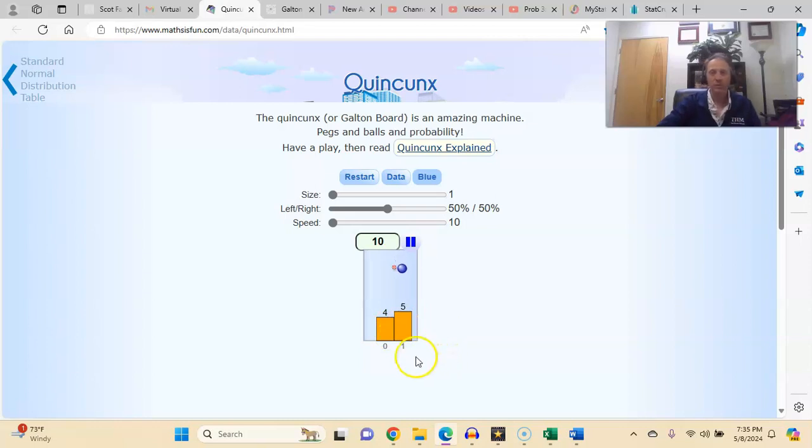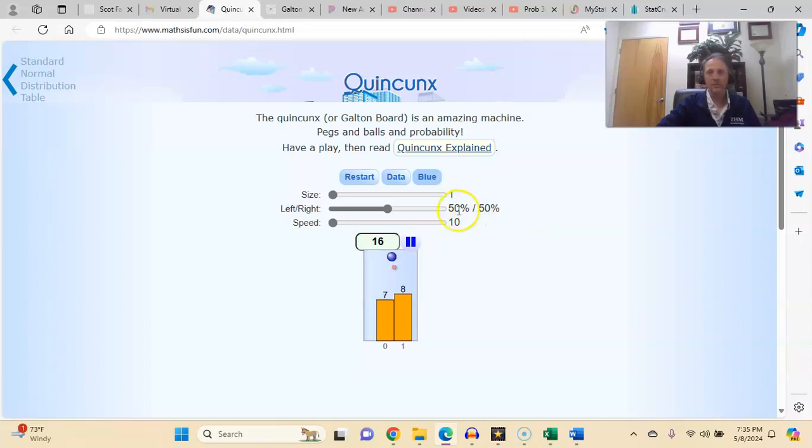So what we're doing here is called a trial. Each peg represents a trial. It only has 2 possible outcomes, left or right, failure or success. And I have adjusted this slider so that the probability of bouncing to the left is 50% and the probability of bouncing to the right is 50%.